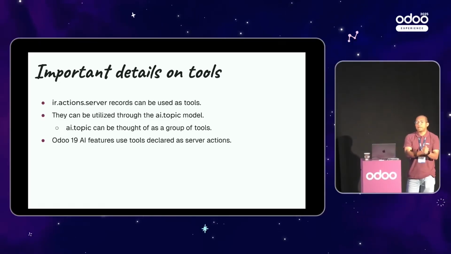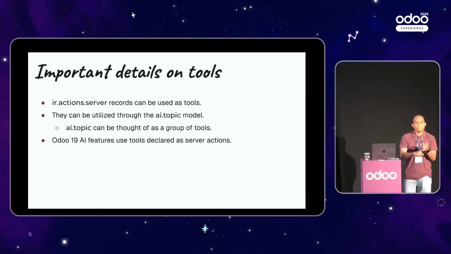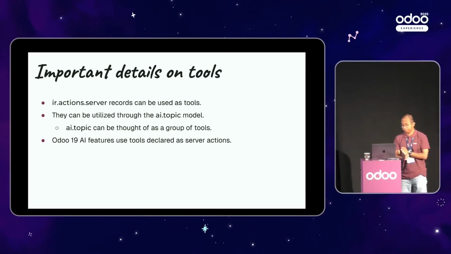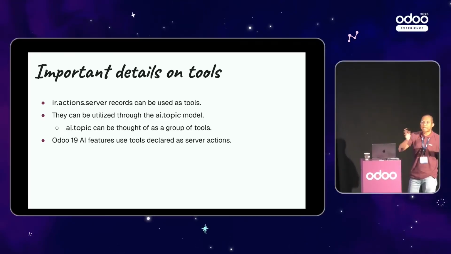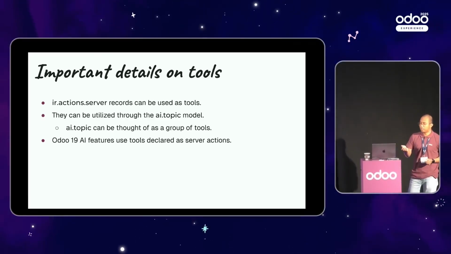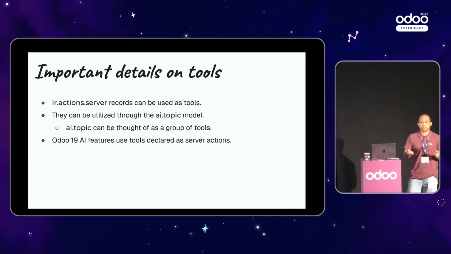from the AI agent model, we can assign topics to it. In fact, we can think of the topics as a collection of tools, and we can assign server actions to the topic.